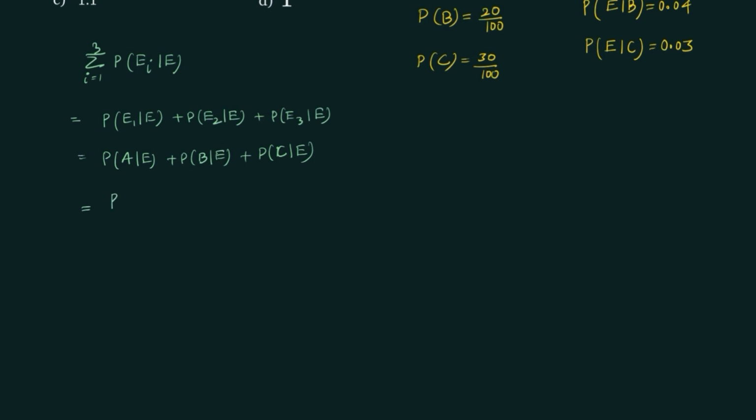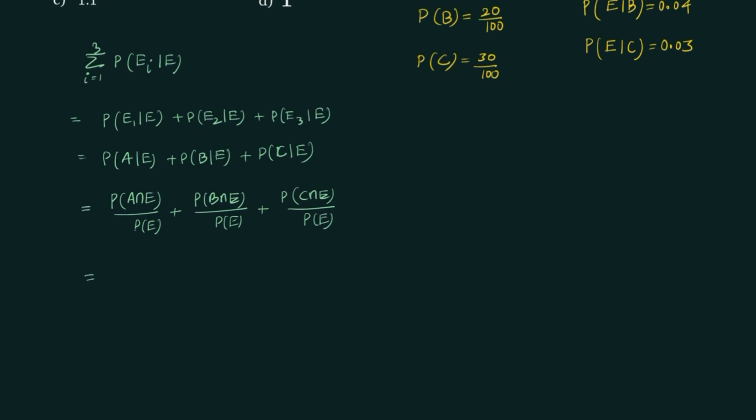Then we will have P of A intersection E by probability of E plus probability of B intersection E by probability of E plus probability of C intersection E divided by probability of E.